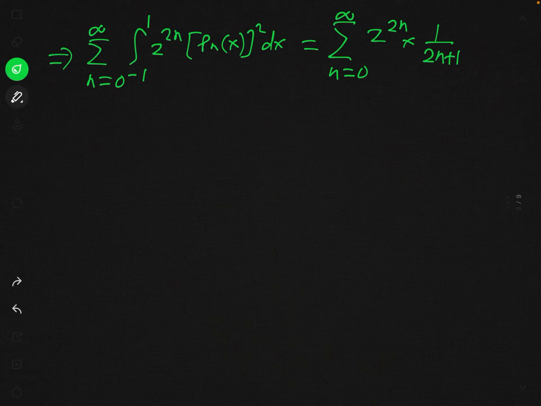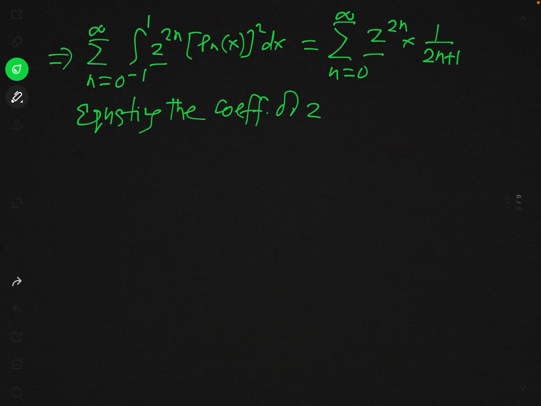Now see this equation, and you can equate the coefficient of z to the power 2n on the two sides. When you equate these two, see here. In fact, in the LHS, the coefficient of z to the power 2n is integral from minus 1 to plus 1 of Pn of x whole square dx. So you can see in the LHS, the coefficient of z to the power 2n is what?